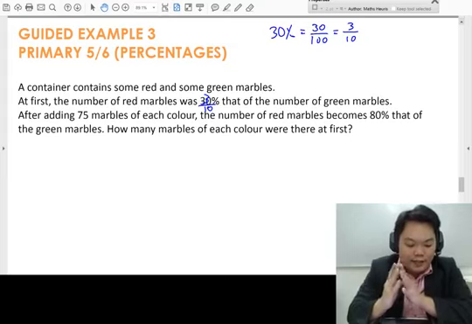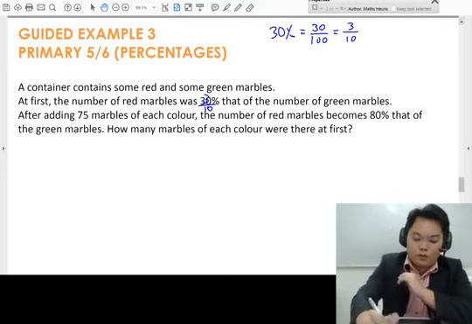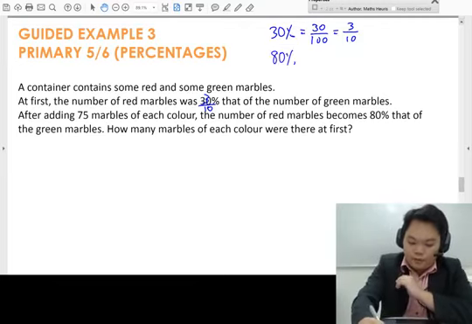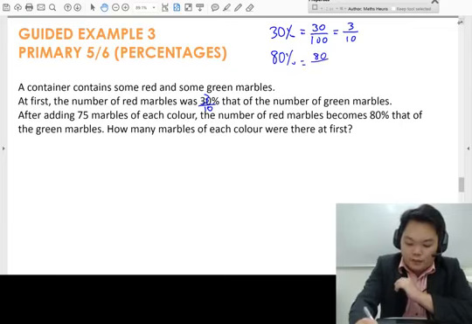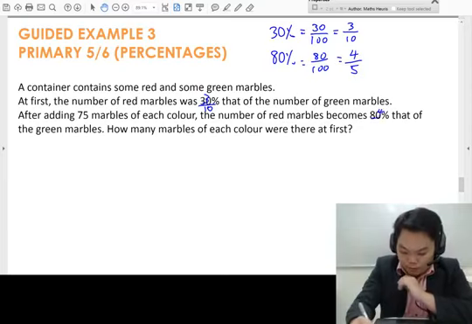Then after adding 75 marbles of each color, so there's an action, there is a change. The number of red marbles becomes 80% that of the green marbles. So 80% in simplest form would be 80 out of 100, and that simplifies down to 4 out of 5.